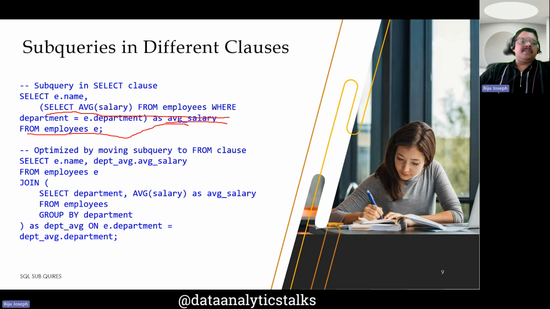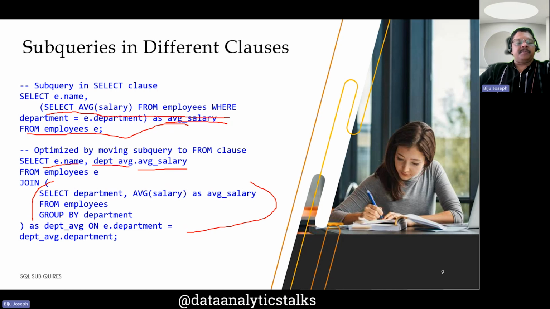So how do you optimize it? We can optimize by moving the subquery to the from clause. How? Select e.name, department average dot average salary from employee. We join this as a virtual table, and we use it from the join perspective.